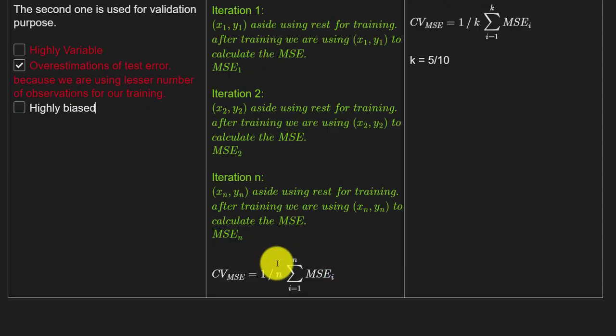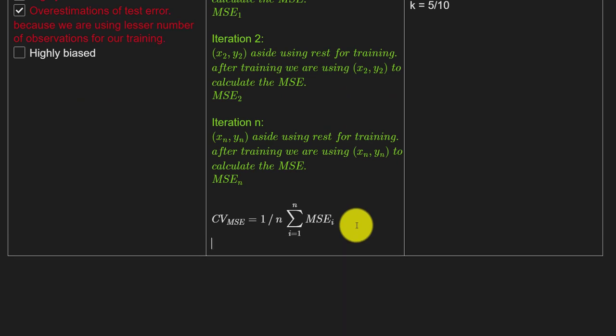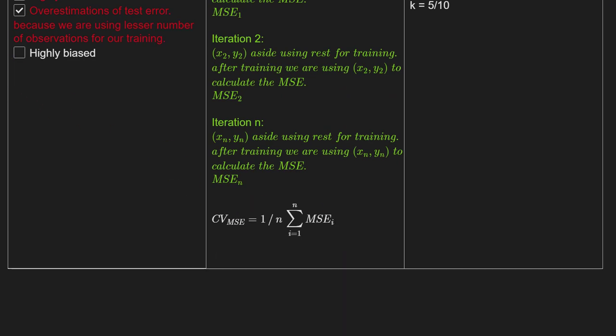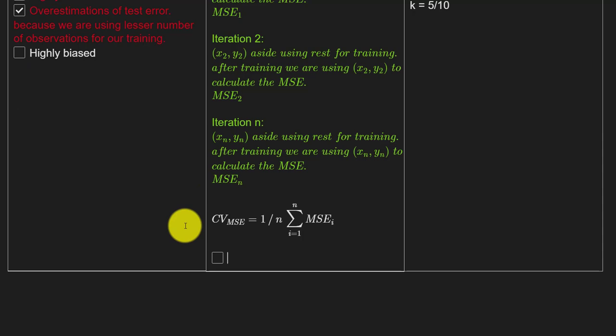Now applying the same concept here, LOOCV is very unbiased. In each iteration we also take the average over all the iterations, so the cross validation MSE value is almost the same as each iteration's MSE value.